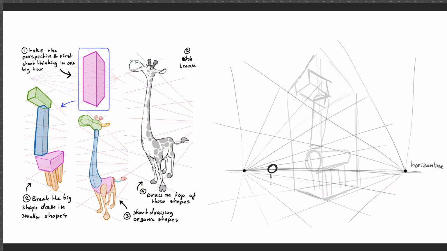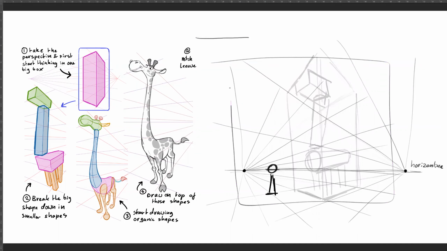So maybe you, the viewer, are this size, because the horizon line is often at the same height as the eyes of the viewer. Because if this was a photo, then this person would stand here with the camera, and here would be the giraffe, and then there would be a person next to it, something like this.